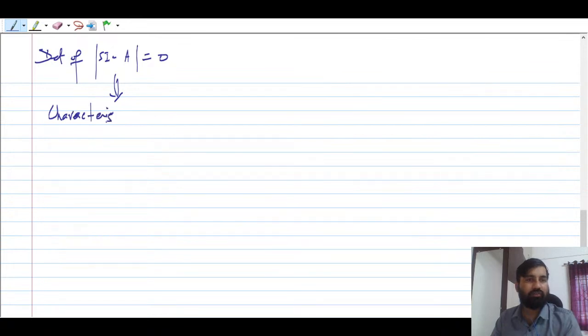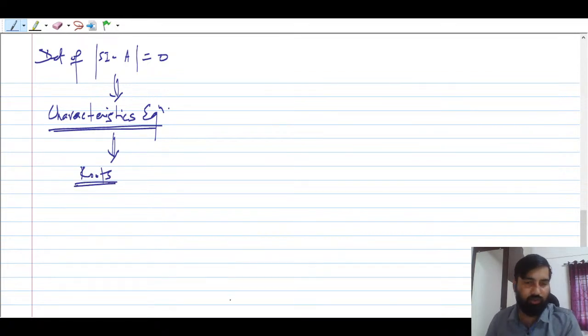From the characteristic equation you can get roots, and these roots will be the eigenvalues of the matrix. Just like we used to do A minus lambda I.